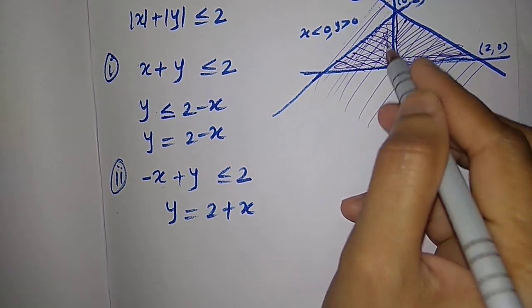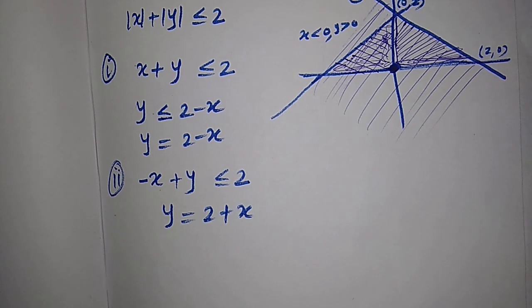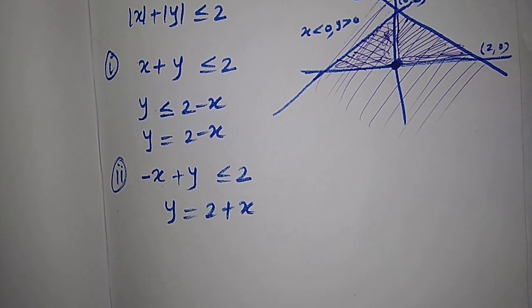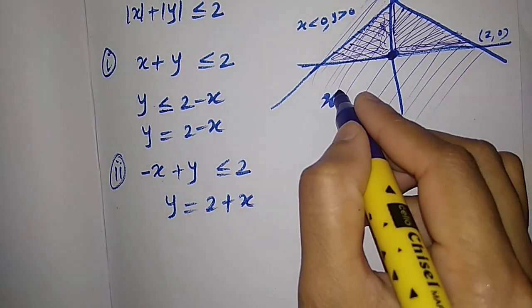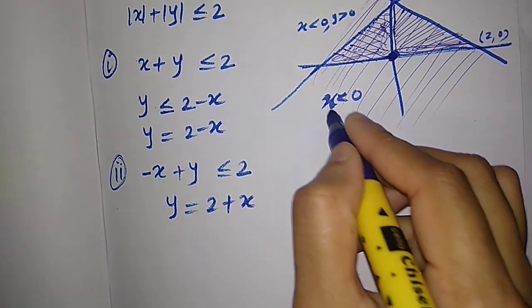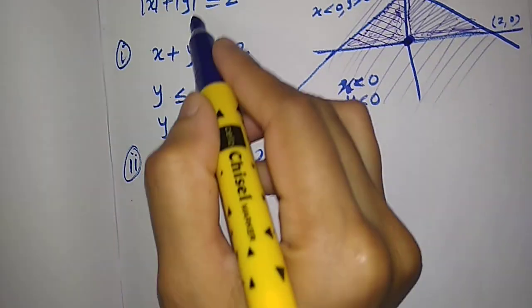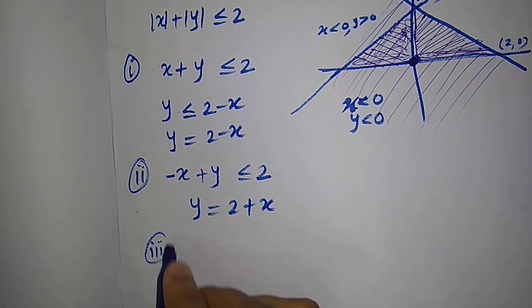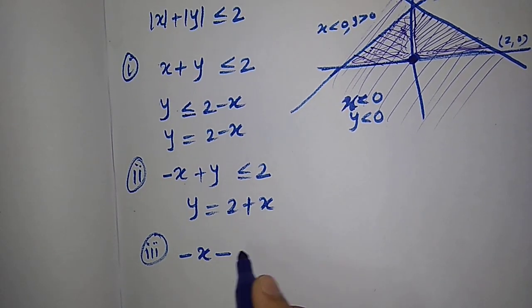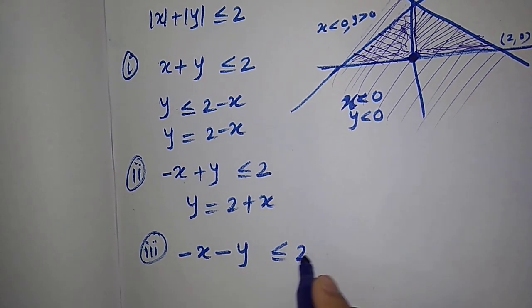Now in the third case we take the third quadrant. So in the third quadrant we have x less than 0 and y also less than 0. So this inequality becomes mod x is just equal to minus x because x is negative. Similarly, mod y is minus y because y is also negative, which is less than or equal to 2.